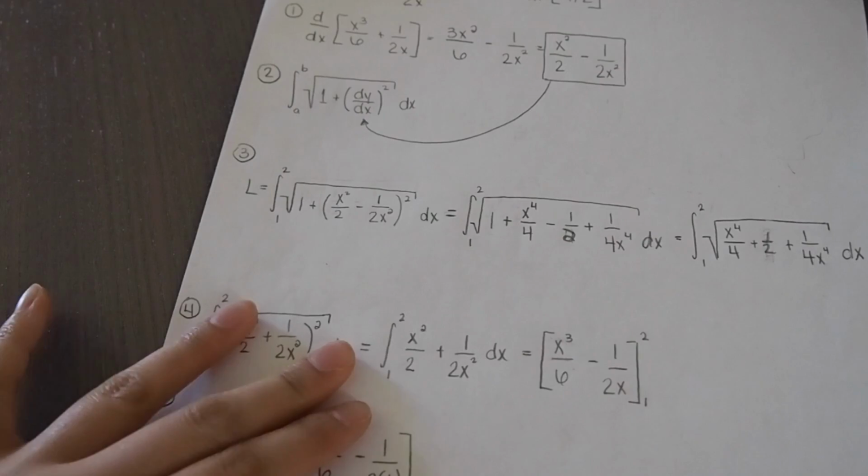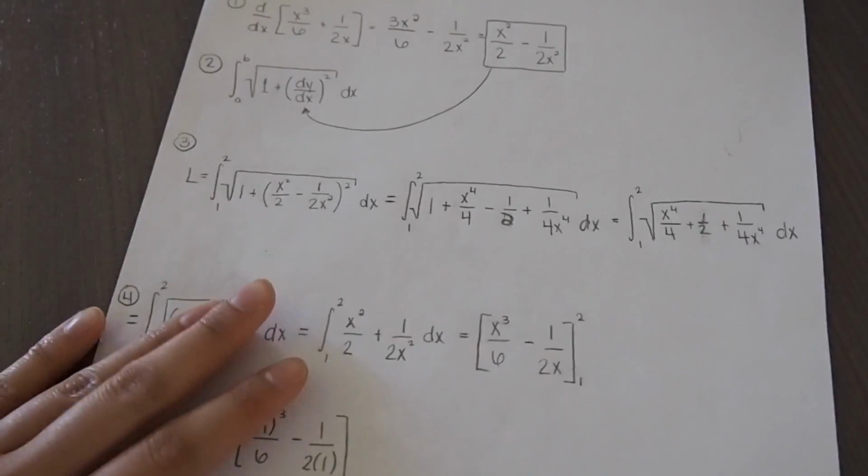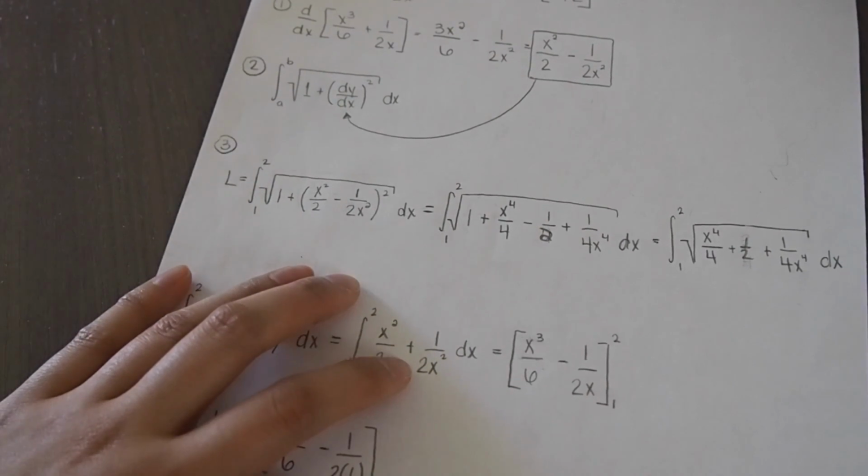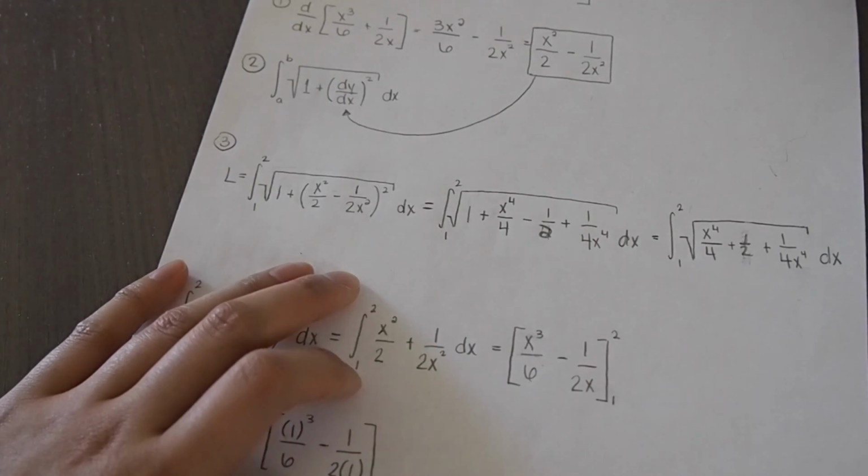So we're left with the definite integral of x squared over 2 plus 1 over 2x squared dx.